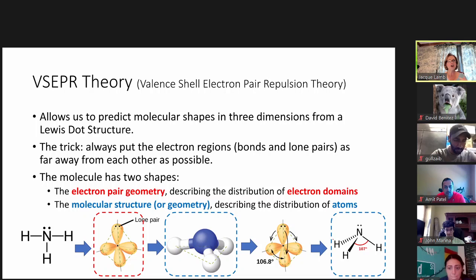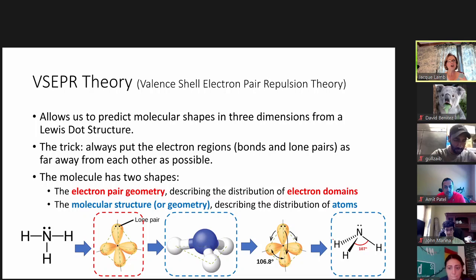When we get to four regions of electron density around our central atom, remember we're focusing on the central atom, now suddenly we have to go into three-dimensional space to get those as far apart as possible. One example of this would be CH4. And if we were to draw CH4 with a Lewis structure, it's going to look like this.